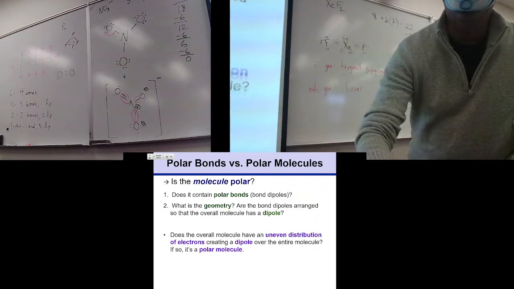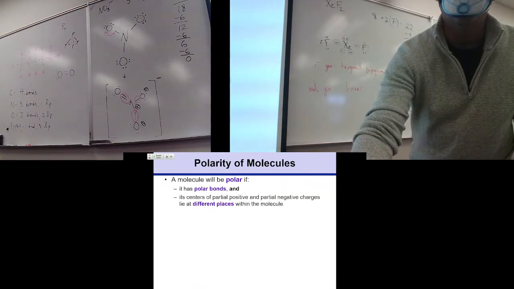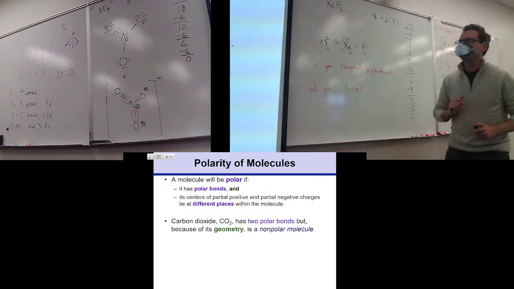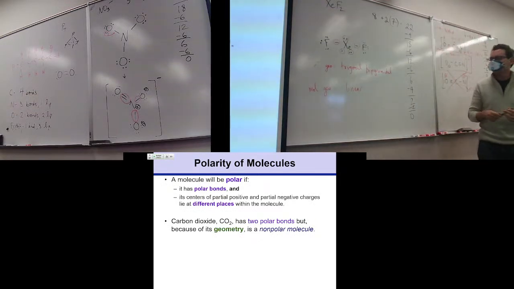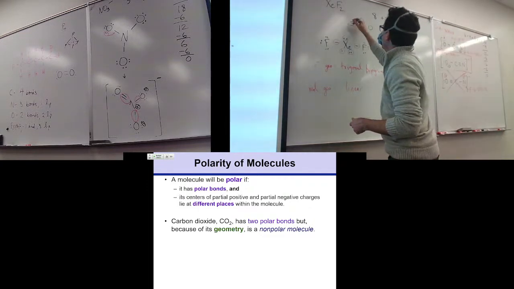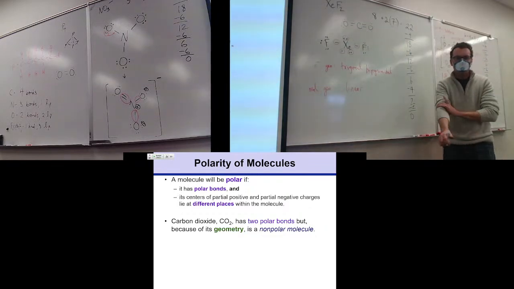And here's why. Carbon dioxide has 2 polar bonds in it. Let me just remind you, it looks like that. That CO bond is very polar. The other CO bond is very polar.